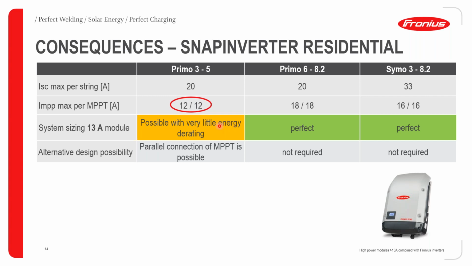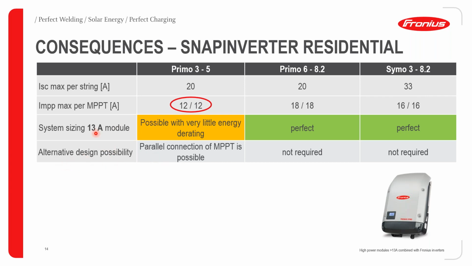What this therefore means when you are designing or sizing a system using the typical 400 watt module with 13 amps is that if you connect this module directly at string level to the Primo 3 to 5 kilowatts, you would expect very little energy derating. But for the Primo 6 to 8 kilowatts and the Symo 3 to 8.2 kilowatts, the combination between the 13 amp module and these 2 inverters would actually be perfect.